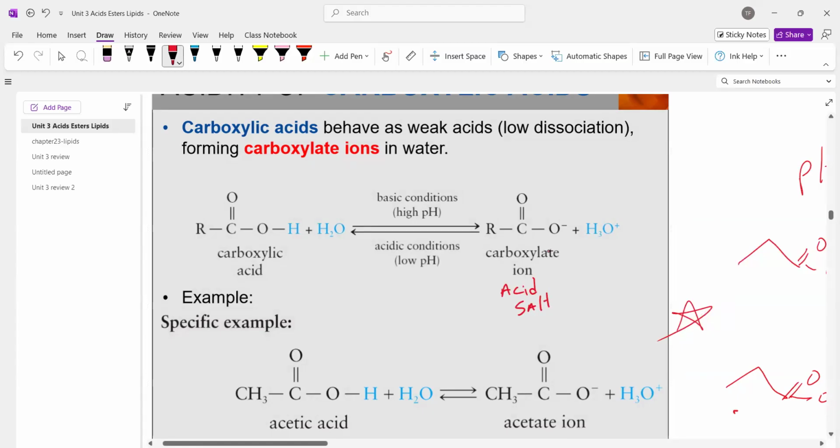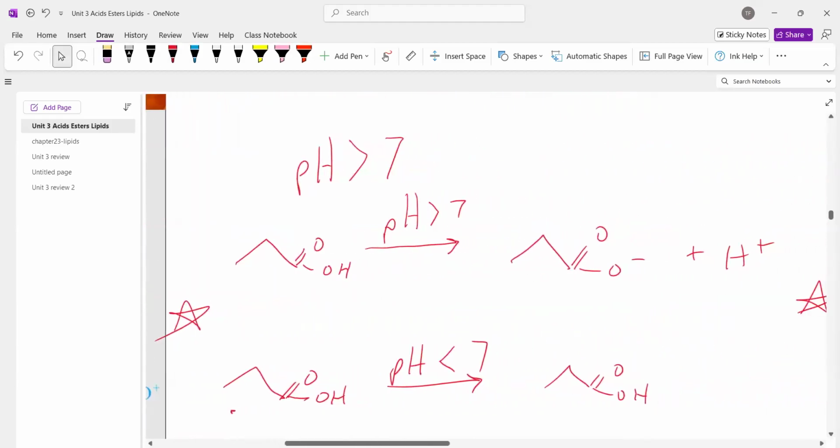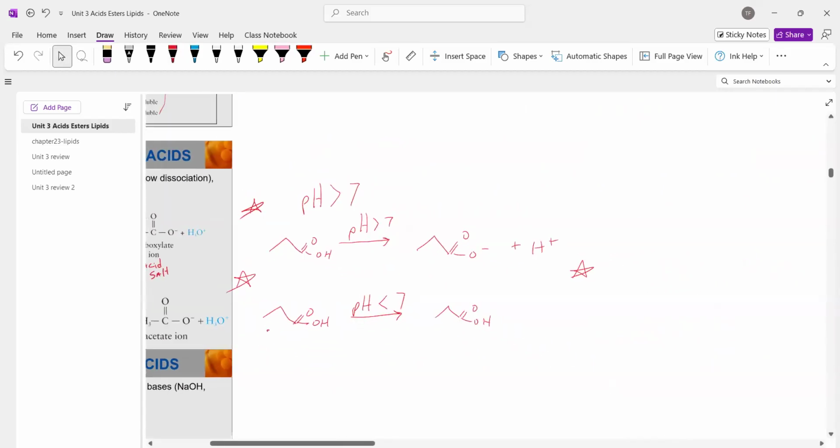Okay, so you need to know this. So in high pH, greater than 7, whatever it is, whether it's an OH group or, let's say it was, excuse me, lye, sodium hydroxide, it's going to take that H off and form the acid salt.